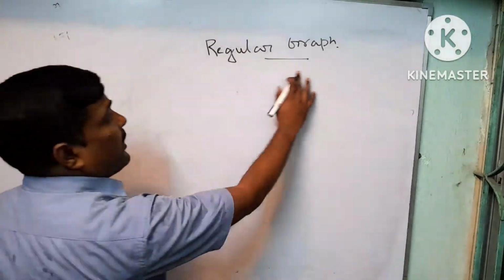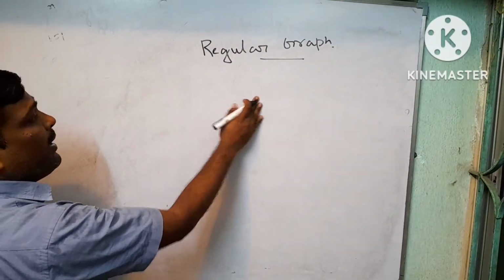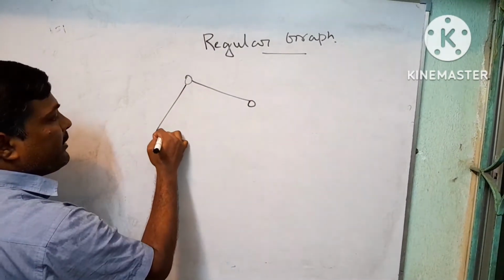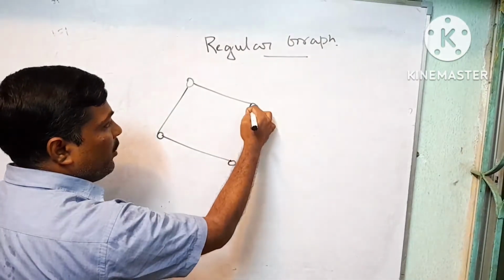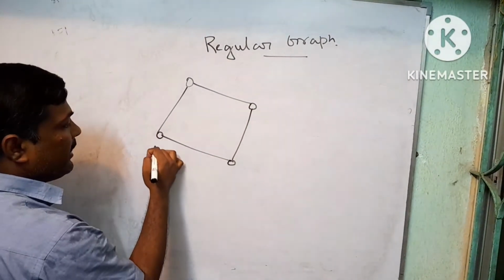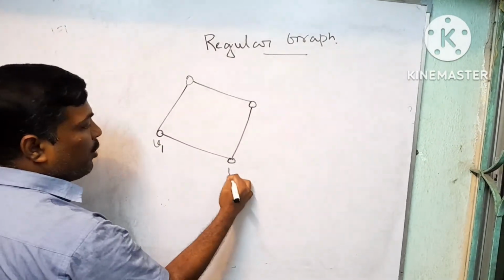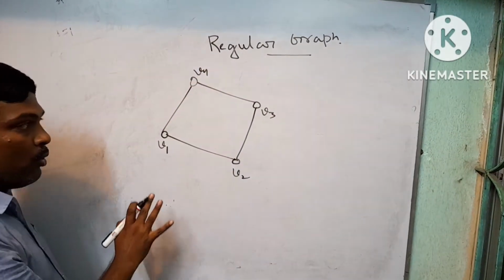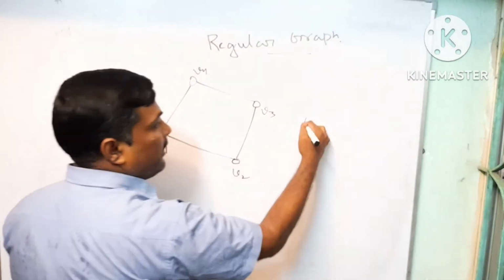Now, what is a regular graph? In a regular graph, every vertex has the same degree. Suppose this is one graph V1, V2, V3, V4, and it is a simple graph.